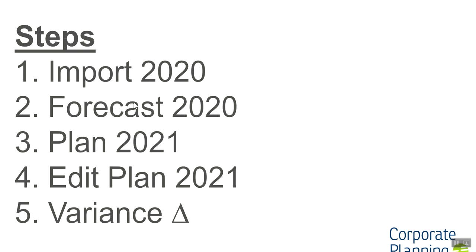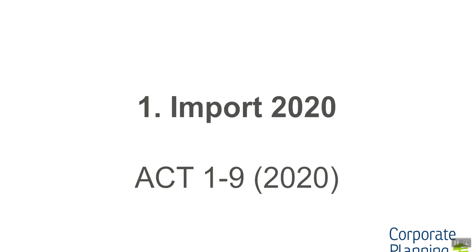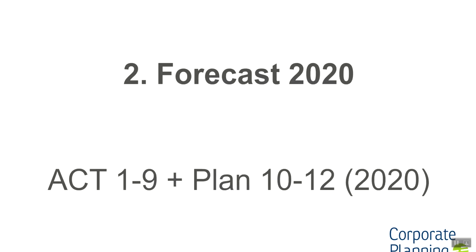So our next step is the forecast for 2020. If we look at the way the forecast is created, it's usually actual figures for the first 9 months, and then we add the planned figures for the following 3 months. So let us go to Corporate Planner and do exactly the same for this forecast.